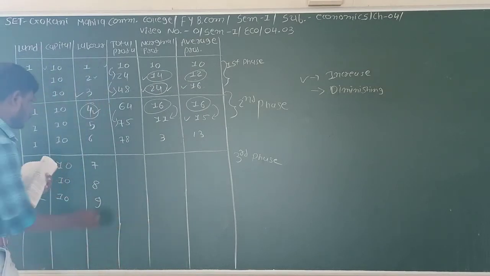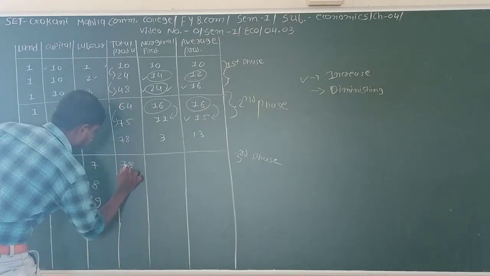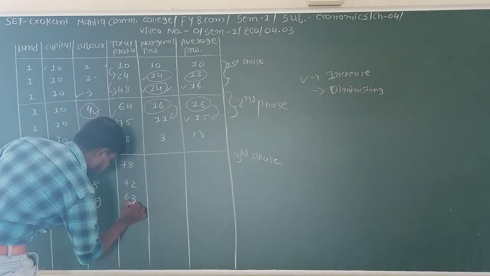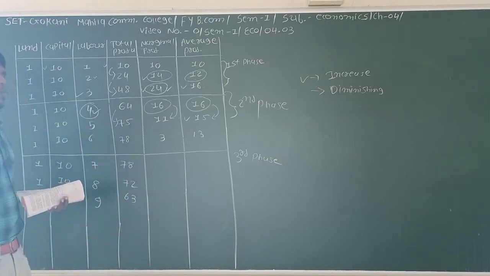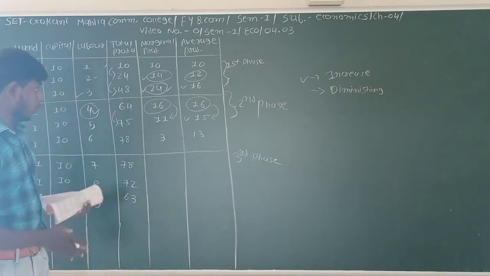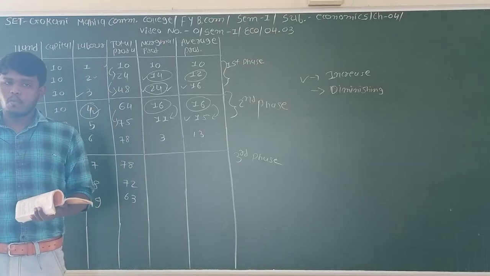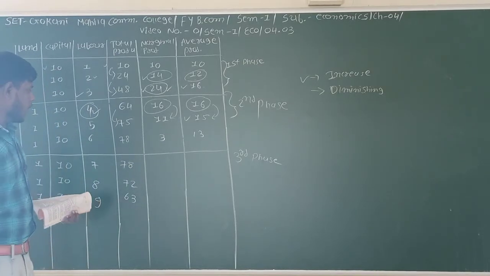So here you have 78, after that 72 and 63. How these amounts come, or what the marginal production and average production amounts are, you all have an idea about that.